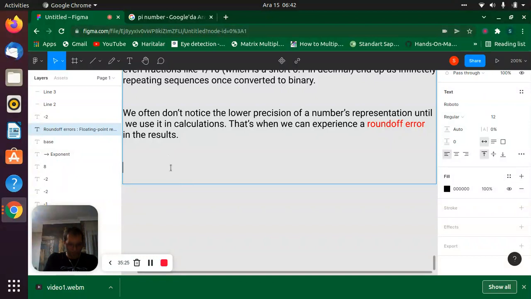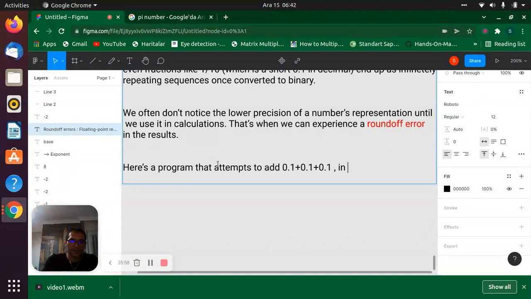Yes, my friend, now we will go on again from here, and I will say here's a program that attempts to add 0.1 plus 0.1 plus 0.1.